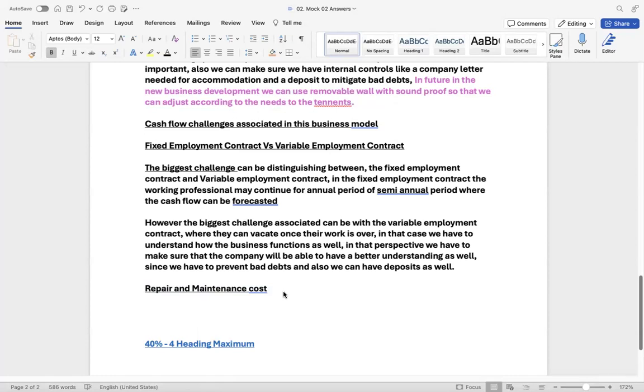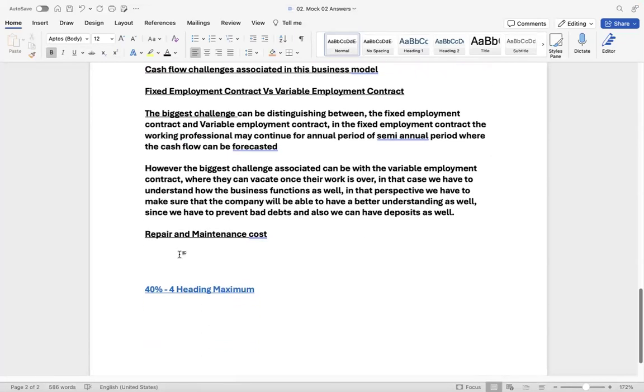But when it comes to this model, when one person vacates, again we have to do repair and maintenance. Can I get a double Y in the chat box if you got that point of view clearly? Because every tenant has the possibility to leave anytime they want. And once they leave, it will become a bigger challenge for our business.